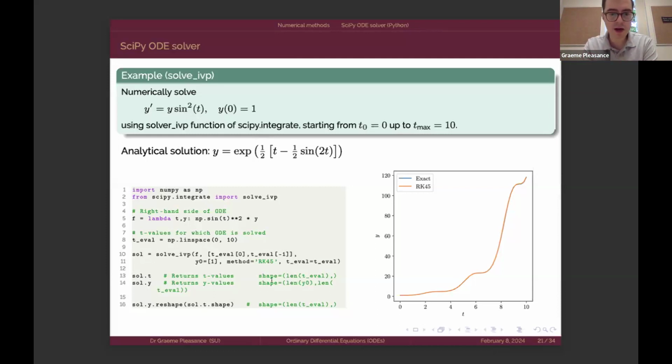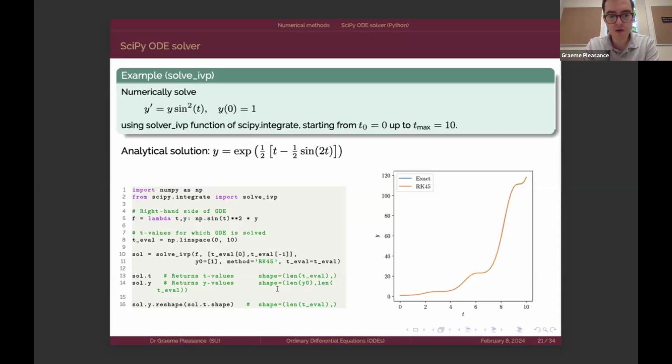Okay, and one point to clarify is that if you do sol.t to return the time values, it returns, I think, a NumPy array with this corresponding shape. So it's technically like a 0-dimensional array.